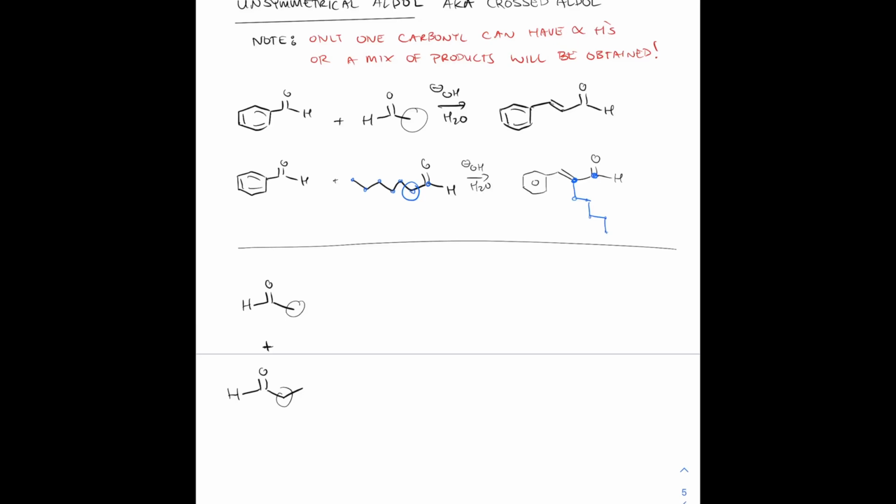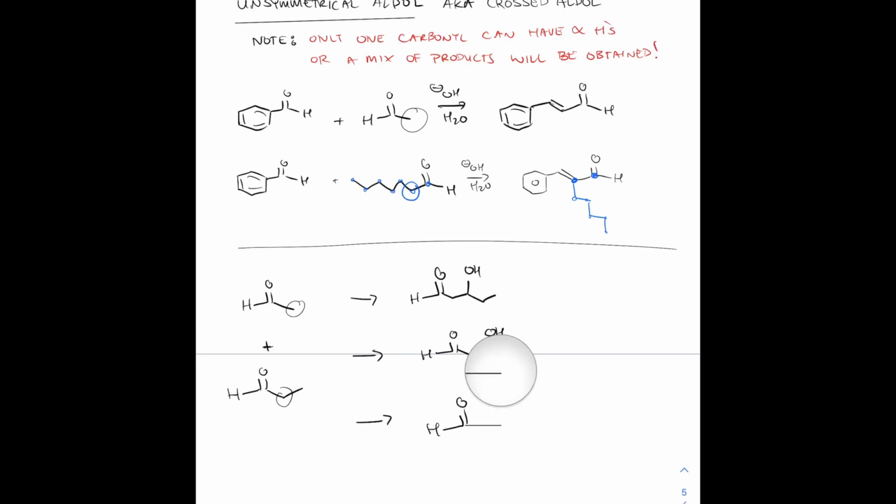Now what I want to do is give you some examples of why only one of the carbonyls can have alpha hydrogens, because again we'll get a mixture of products, right?